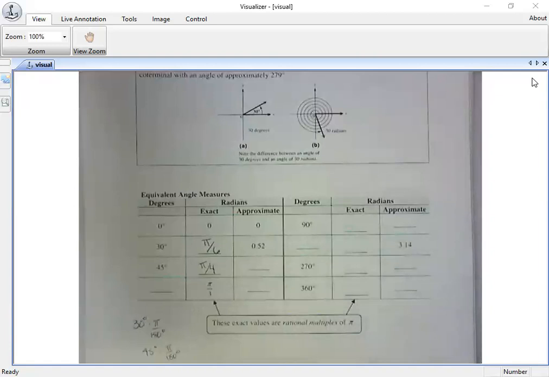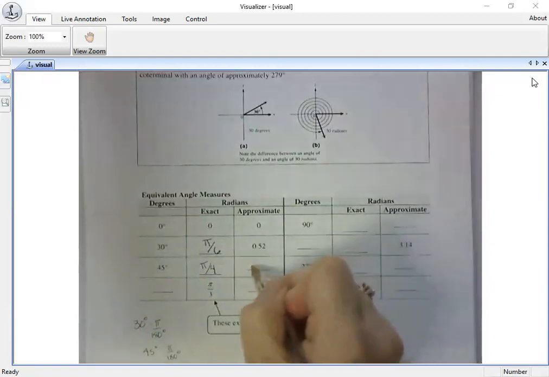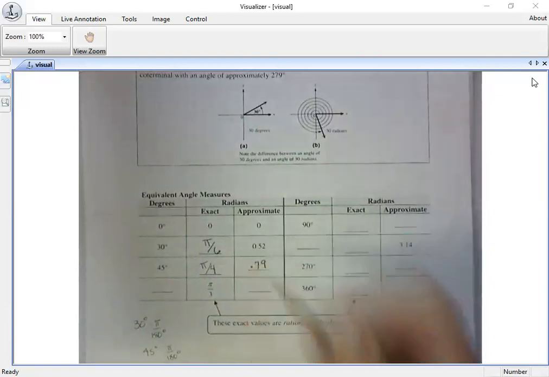The 45 goes into 180 4 times. So pi over 4 is the exact value for radian measure on a 45-degree angle. Now, tell me what that is approximately. So I want you to use the pi key on your calculator and tell me what you get when you do pi divided by 4. Good, that is about 0.79 if we need an approximation.